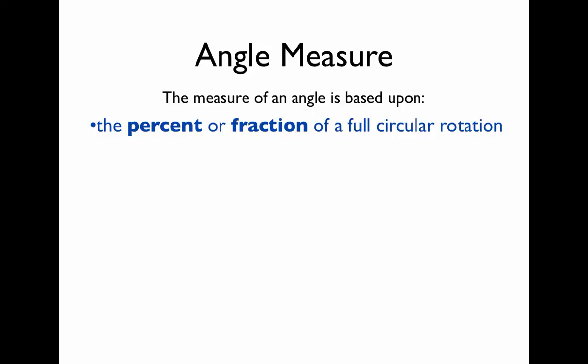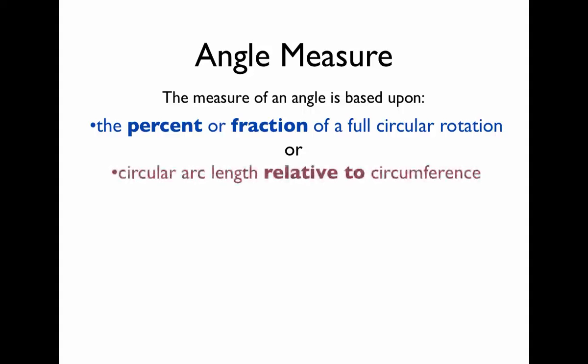We could take that circumference, stretch it out and chop it up into 9 equal lengths, put it back on, and each angle would be 1/9 of the circle. Or circular arc length relative to circumference. Both of these are ways of looking at measuring an angle.